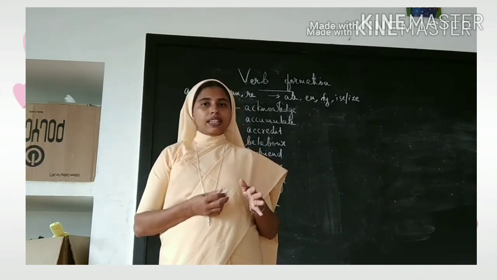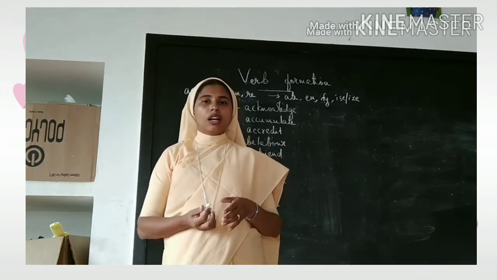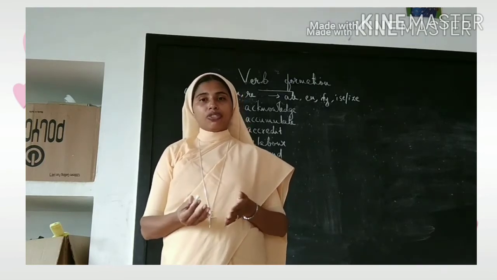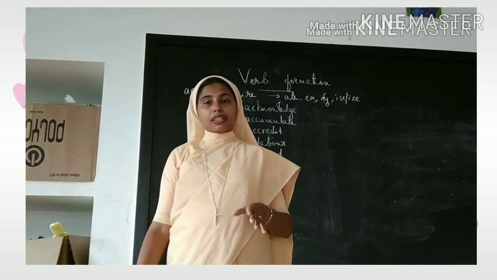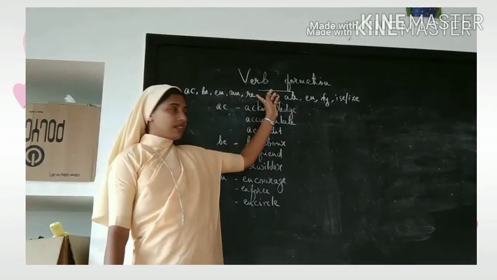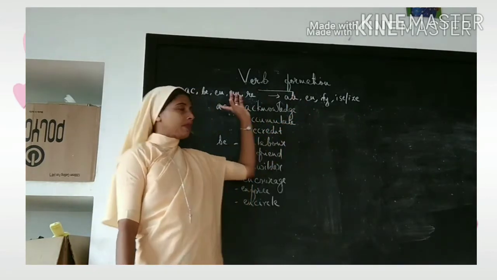And we will see how some verbs are formed in the English language by this affixation, using both prefixes and suffixes. First we will see prefixes. These are some of the prefixes and suffixes that are used in the English language to form verbs.